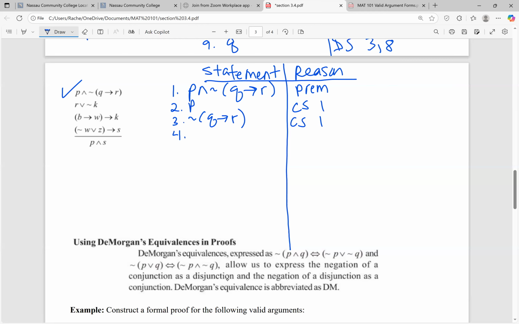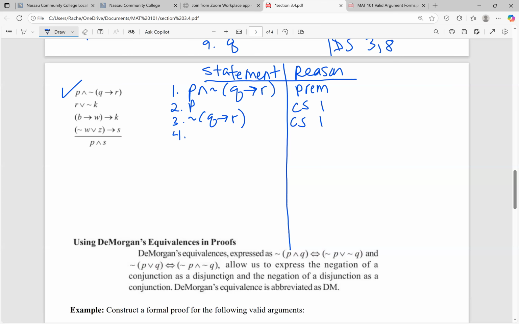So now I'm scanning and looking at my other premises and I'm thinking, is there any premise that I could use right now with one of my first 3 statements that's going to help me form another true statement?